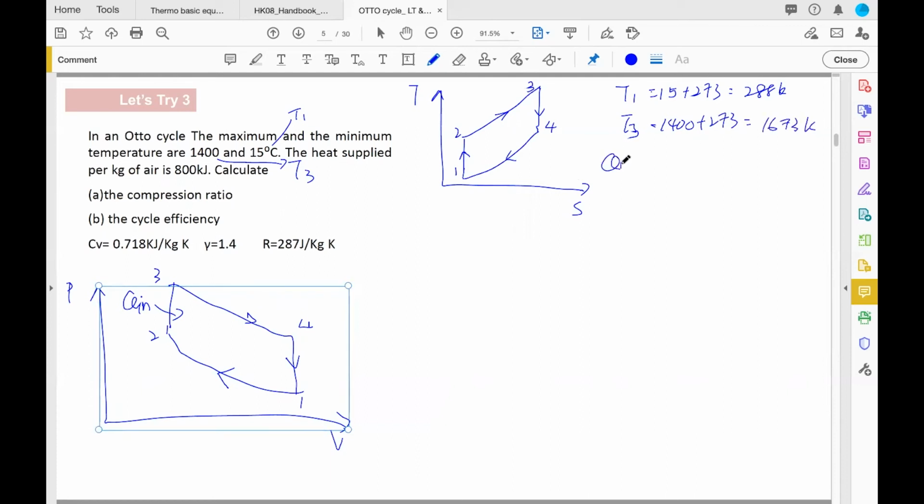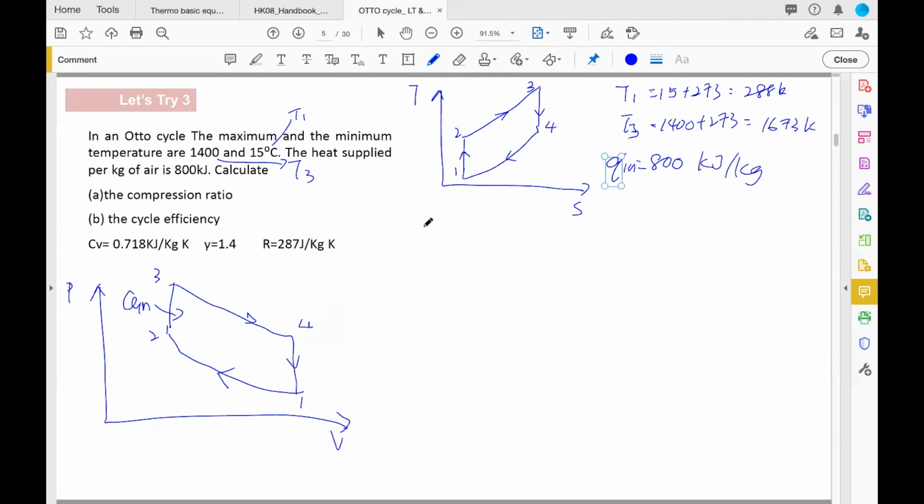So the Q in, heat now, is 800 because it's per kg. So I will say this is little q in, kilojoule over kg.